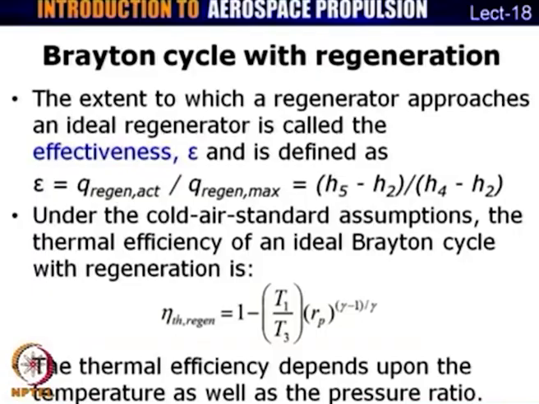So, here we have thermal efficiency, which is not just a function of the pressure ratio, it is also a function of the temperature ratio. For the simple Brayton cycle, we have seen that the thermal efficiency is only a function of the pressure ratio as well as the ratio of specific heats. With regeneration, now the efficiency is also a function of the temperature ratio, which means that as you increase or decrease the temperature ratio, it can affect the efficiency of the Brayton cycle which has a regeneration mechanism.